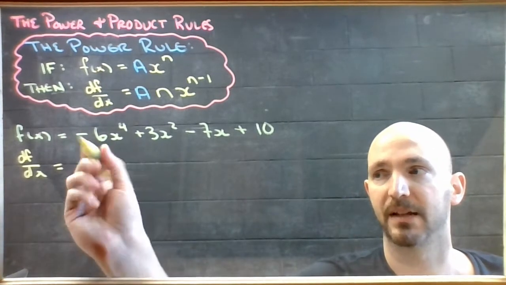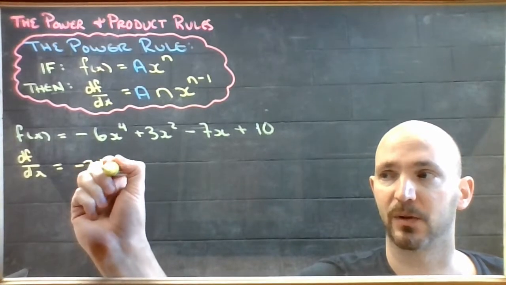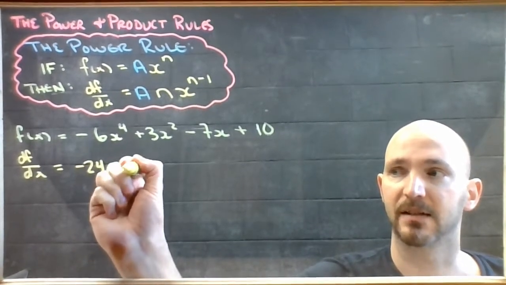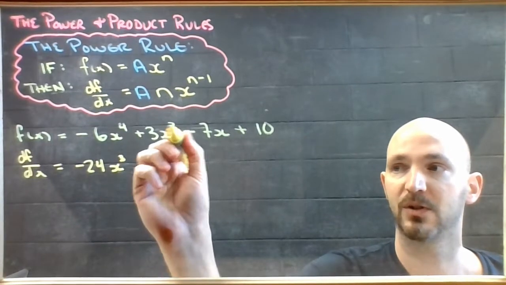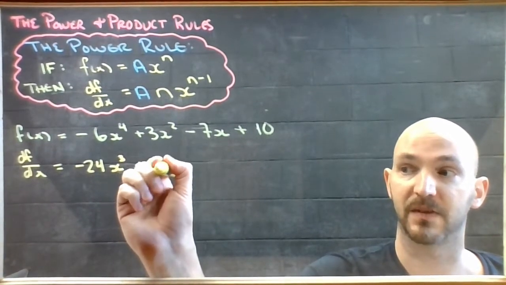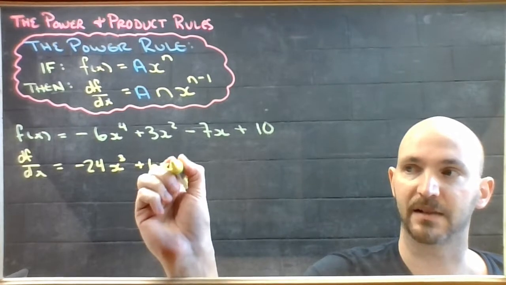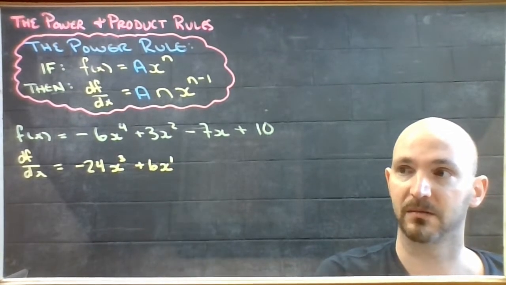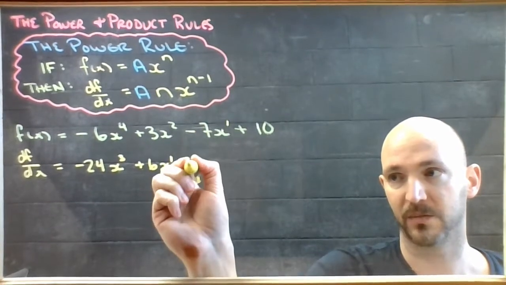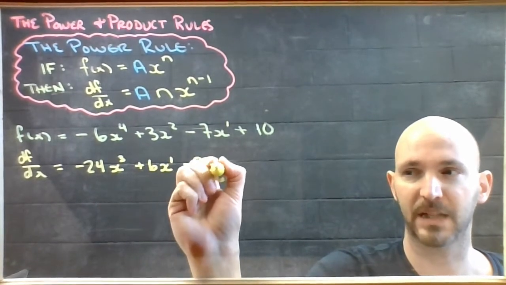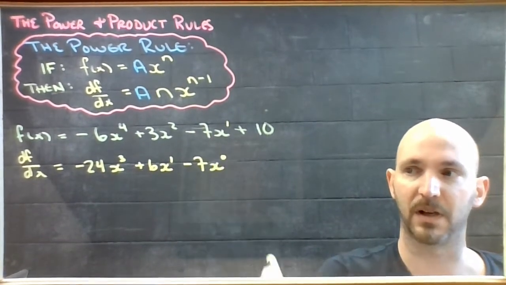4 times negative 6 would be negative 24. Keep the x, but drop the exponent by 1. 2 times positive 3 is positive 6. Keep the x, but drop the exponent by 1. 1 times negative 7 would be negative 7. Keep the x, but drop the exponent by 1.